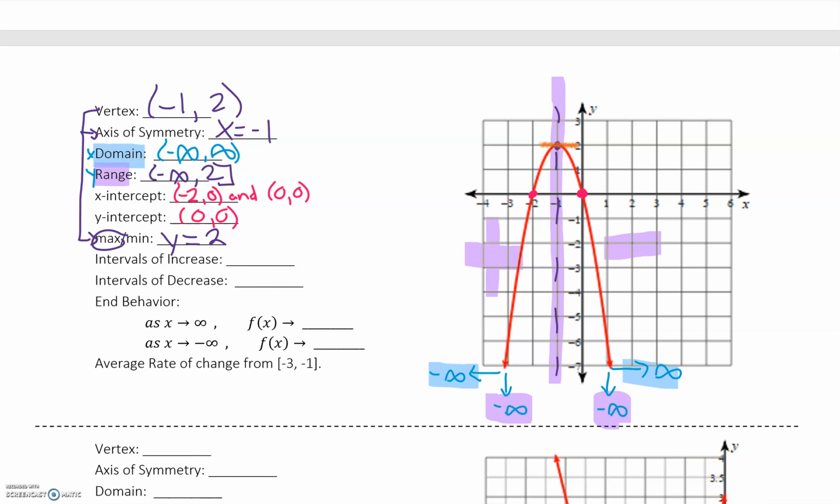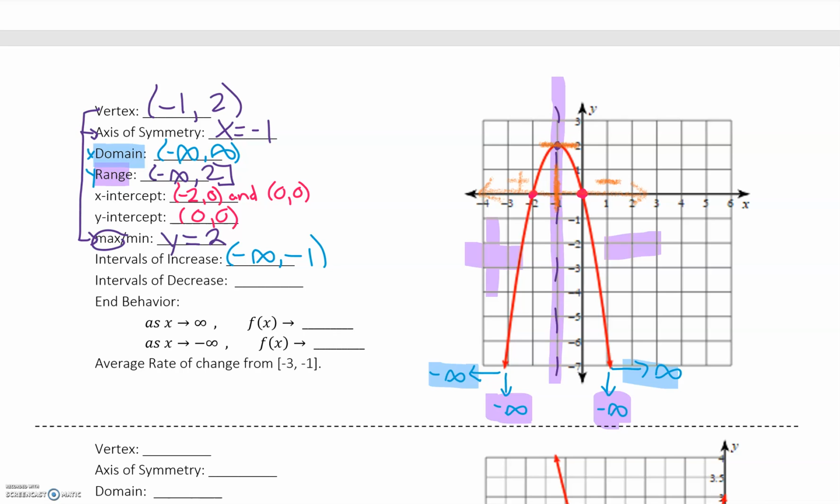That means right here at the axis of symmetry, everything to the left was positive slope, but everything to the right was negative slope. So our interval of increase is going to be the left side of the graph. That means everything that's smaller, so negative infinity, up until the axis of symmetry, which is at -1.